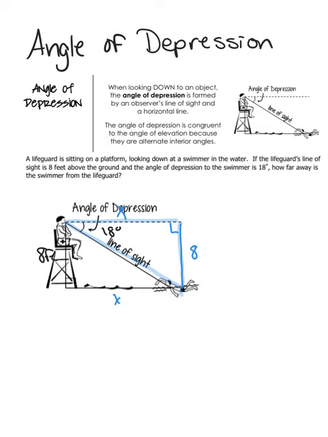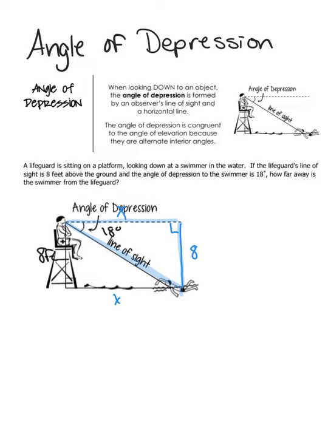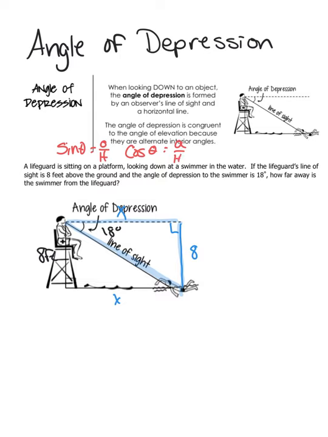Based on this triangle and that angle, I'm going to label my triangle with opposite, adjacent, and hypotenuse because I'm still using my trig functions. I'm still using the sine of theta, which is opposite over hypotenuse, the cosine of theta, which is adjacent over hypotenuse, and the tangent of theta, which is opposite over adjacent.